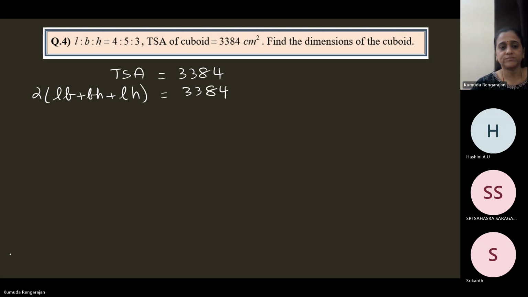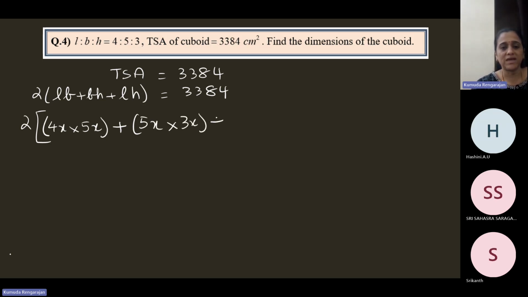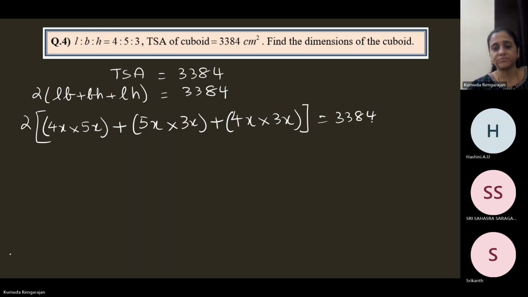3384. So 2 into, what is L? 4x. What's B? 5x. Plus, what's B? 5x. What's H? 3x. Plus L, 4x. H, 3x. Is equal to 3384.